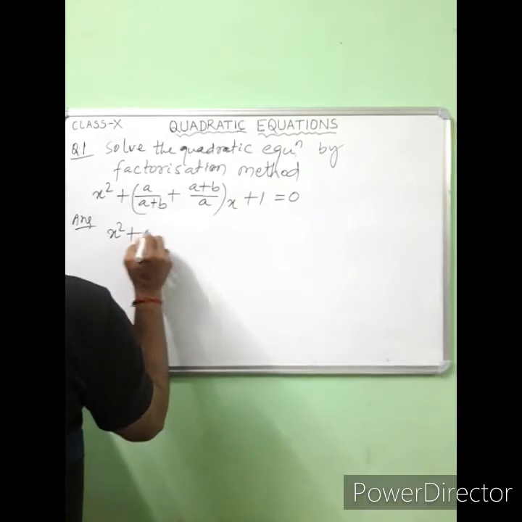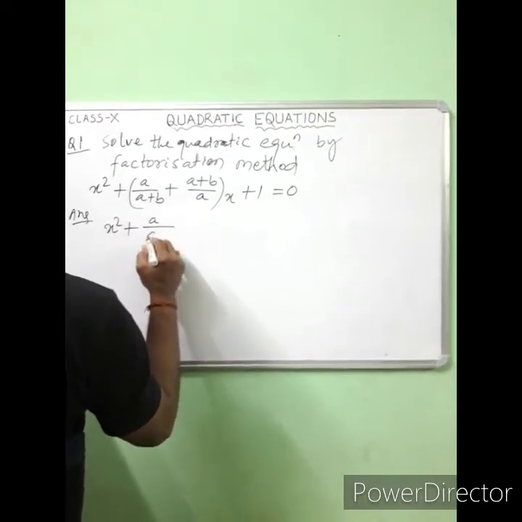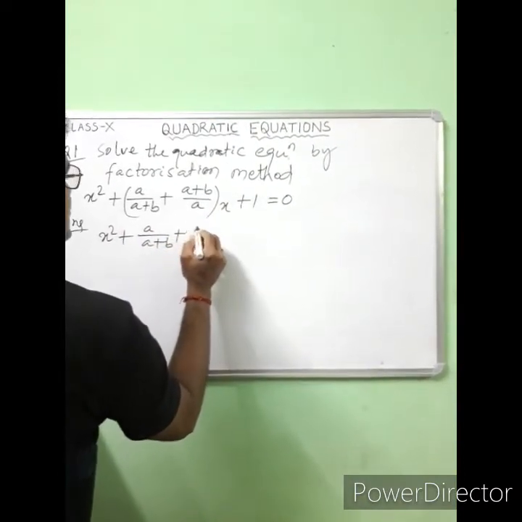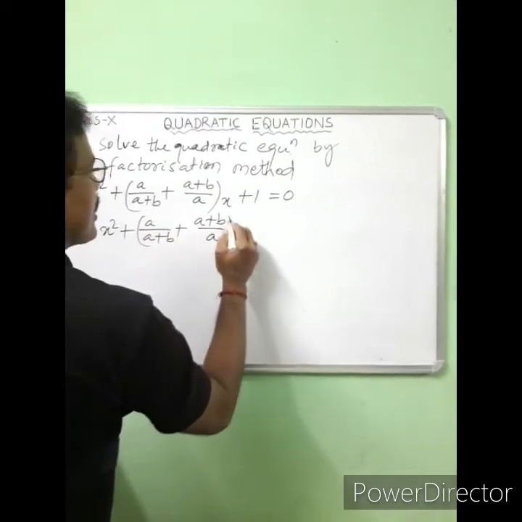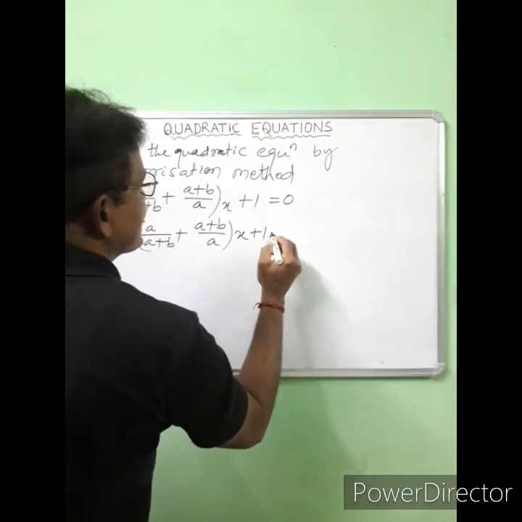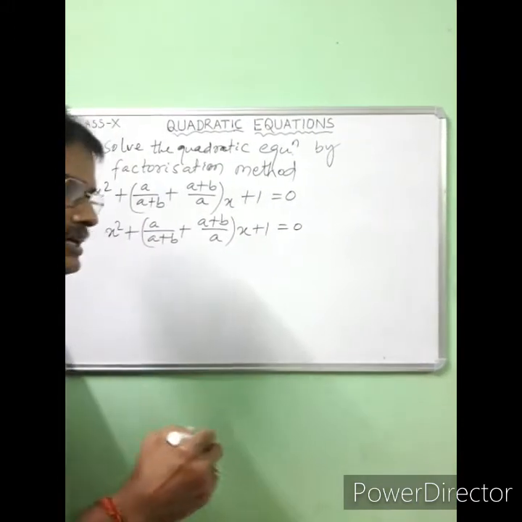x square plus (a by a plus b plus a plus b by a) whole x plus 1 is equal to 0. Clear?